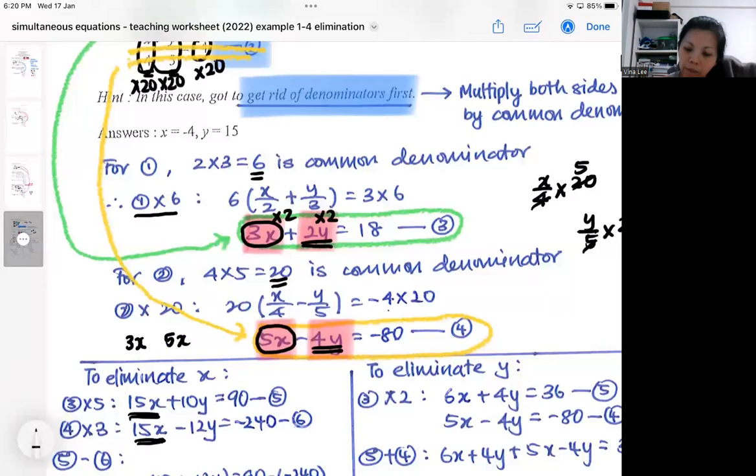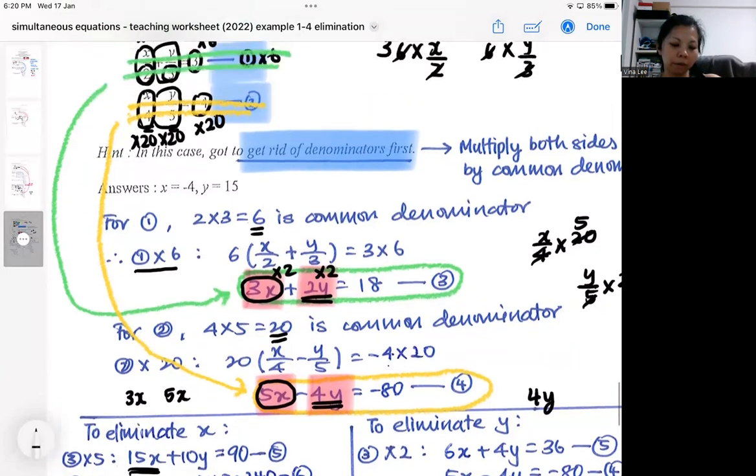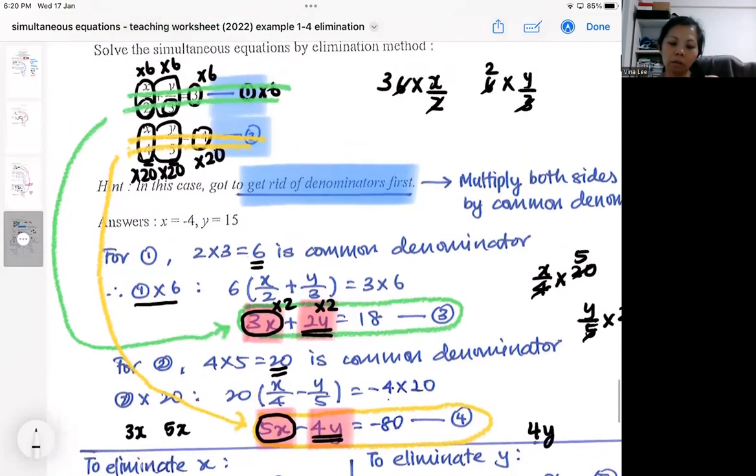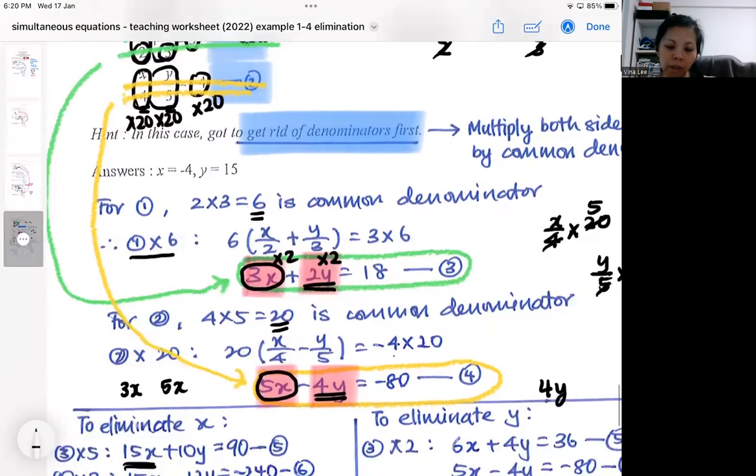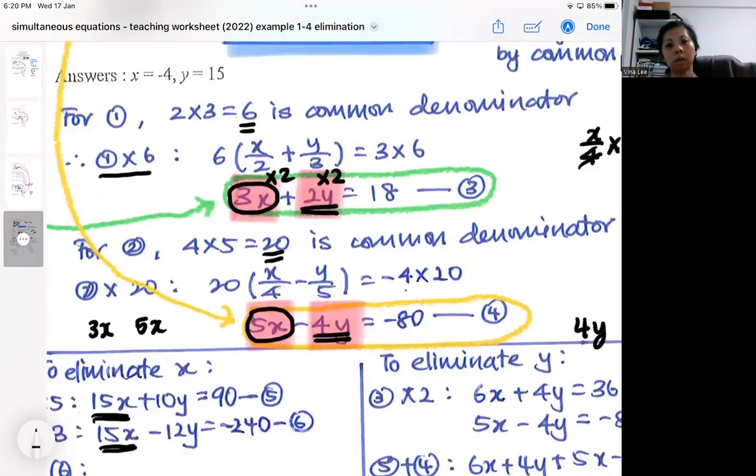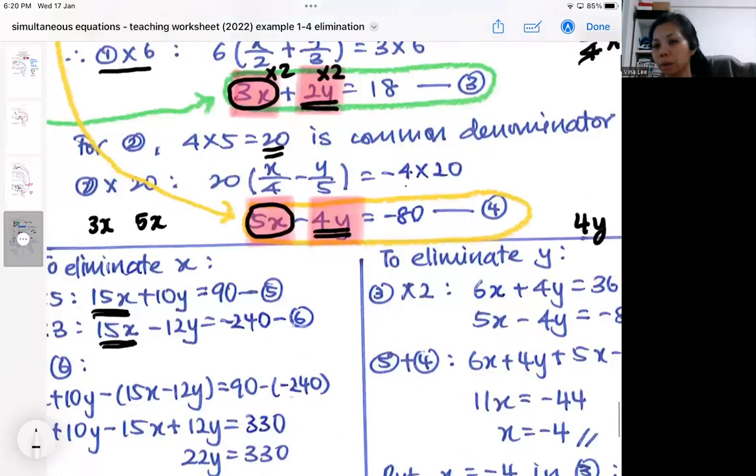So if you start off with fractions, once you get rid of them, don't look at the original one anymore. You just look at the equations with no fractions. Then you decide which is the same algebra to eliminate, and then you do accordingly, like example 3.